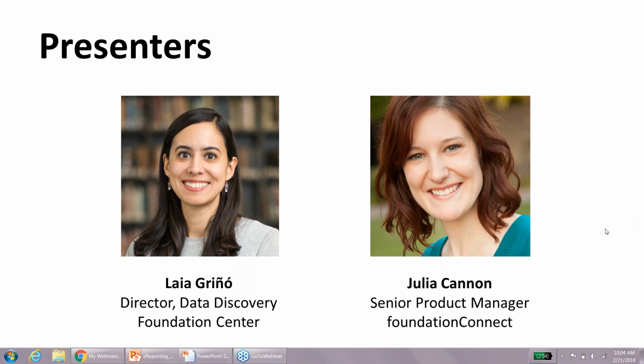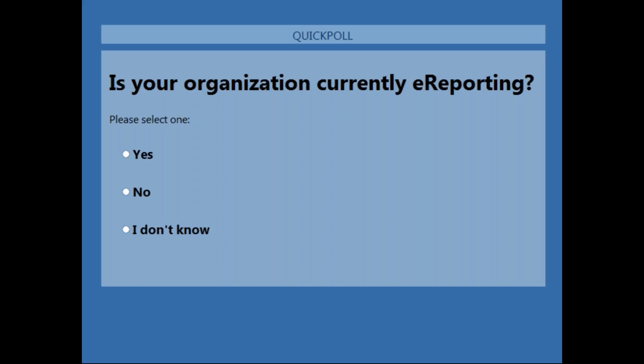The second question that we wanted to ask is whether your organization is currently eReporting. You have three options here: yes, no, and I don't know. And for those of you who answer I don't know, feel free to email us at egrants@foundationcenter.org, and we can follow up with you to let you know who our contact might be, or if you are sharing information with us.